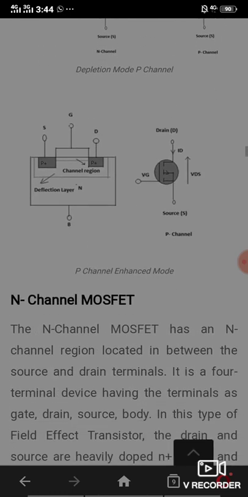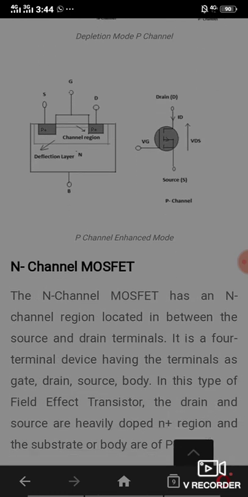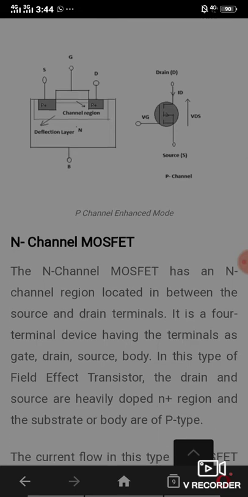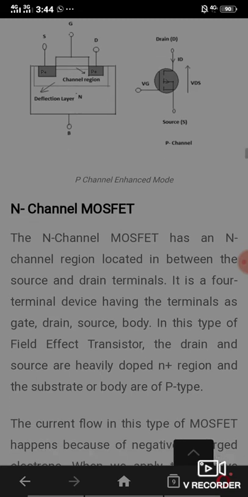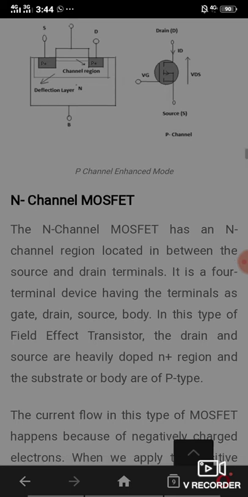The N-channel MOSFET has an N-channel region located in between the source and drain terminal. It has terminals drain, gate, source. In this type, the drain and source are heavily doped n-type regions, and the substrate or body is a P-type region.